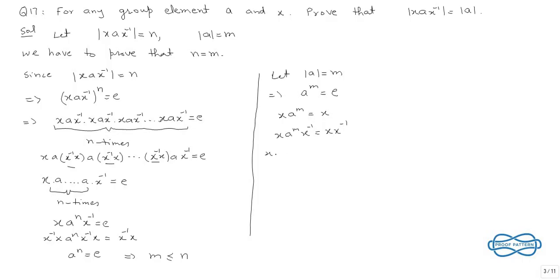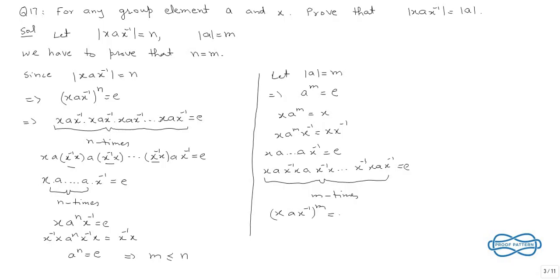If we expand this a, between every two a's we will insert x inverse and x, and so on, and these terms will be m times. That gives (x a x inverse) raised to the power m is equal to identity.